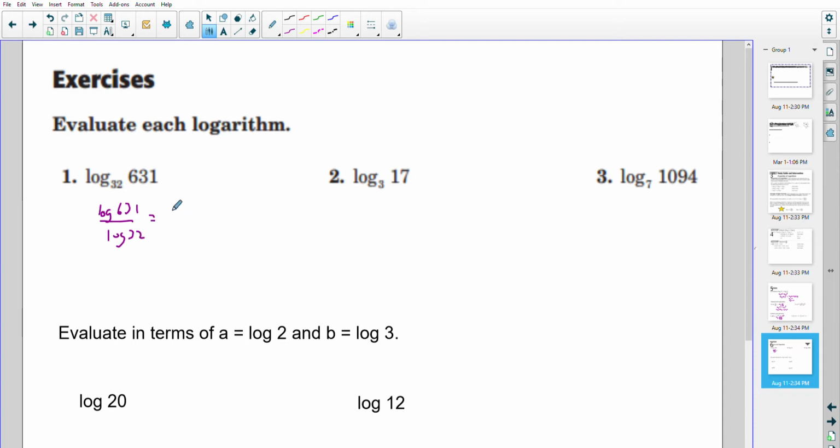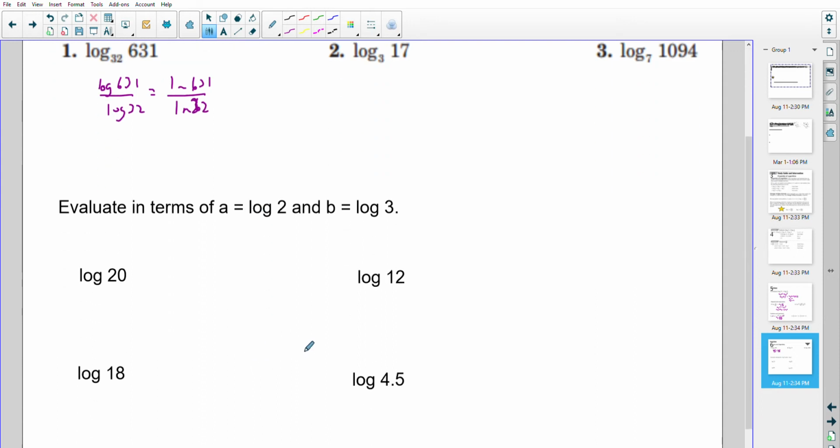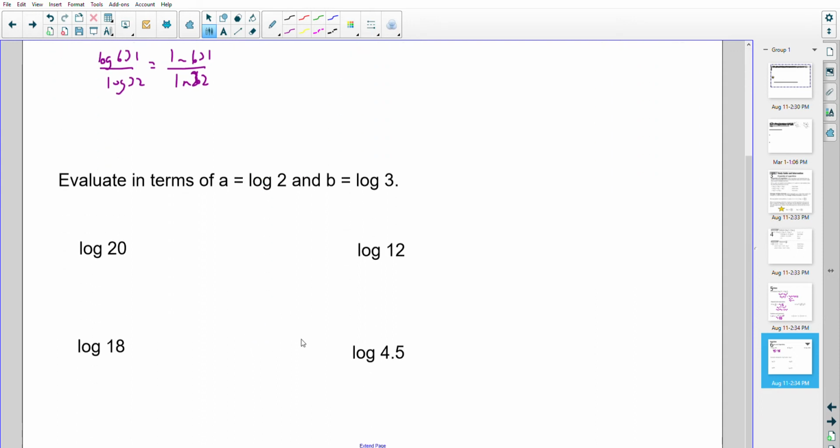You could also do the common log or the natural log, which would be 32. Again, those ratios would be equivalent. This is a problem that forces you to use the properties of logs by following this rule.